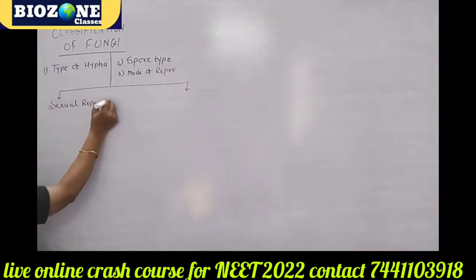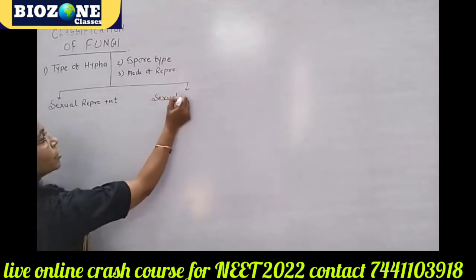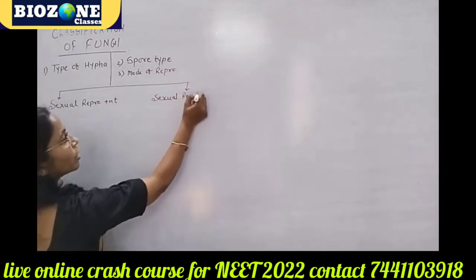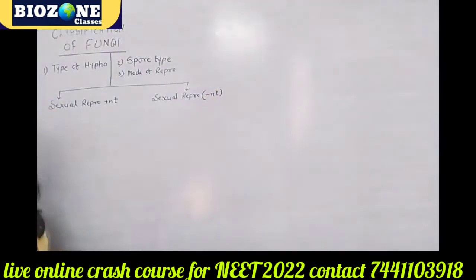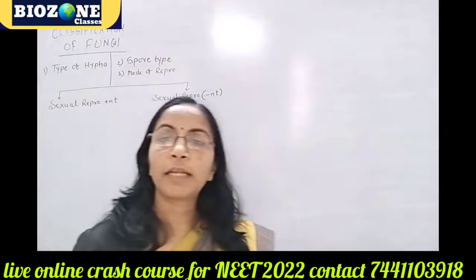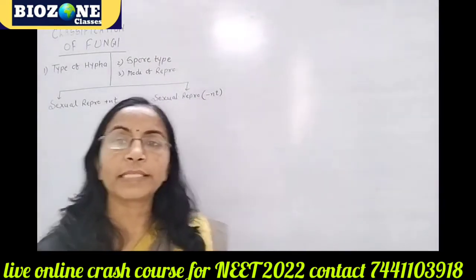For sexual reproduction, one term is there that is called as perfect phase. So we say perfect phase is present or perfect phase is absent.